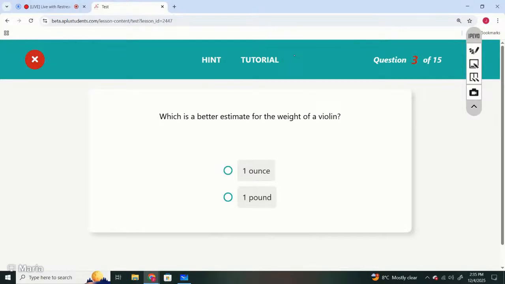Which is the better estimate for the weight of a violin? The weight of the violin would be 1 pound, because 1 ounce is too little for the weight of the violin.